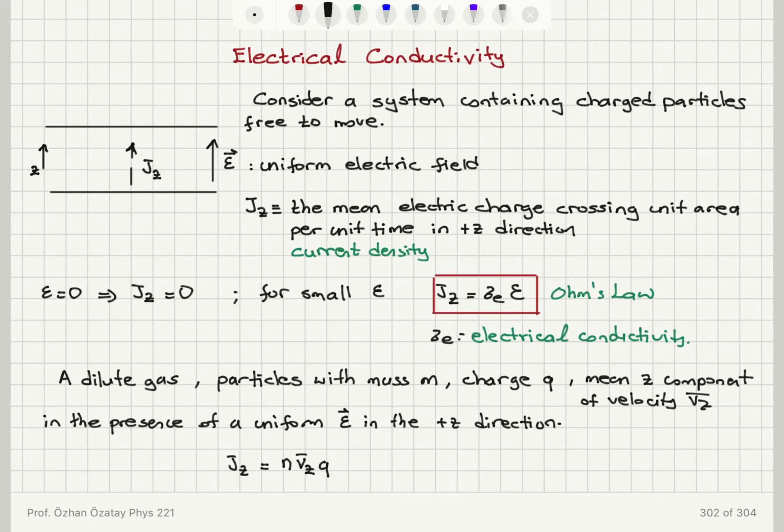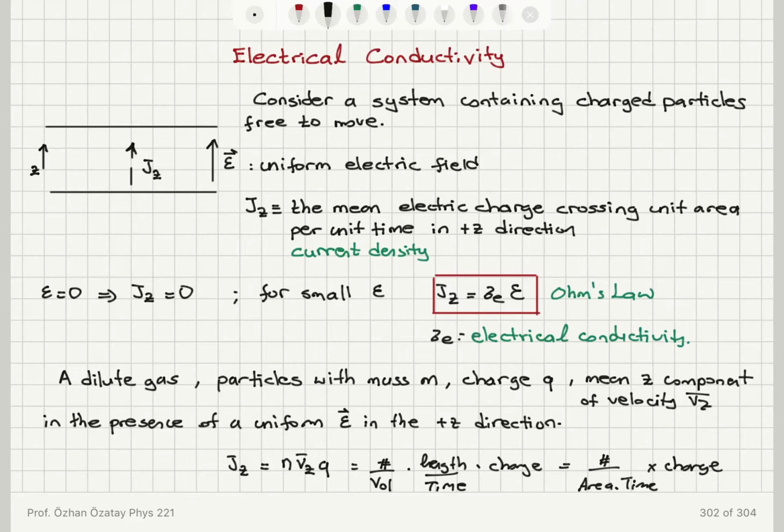So this is a number per volume multiplied by length traveled per time multiplied by charge. So this basically gives us number per area per time times charge, which is the current density Jz.